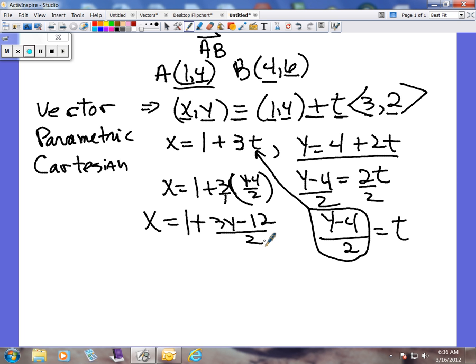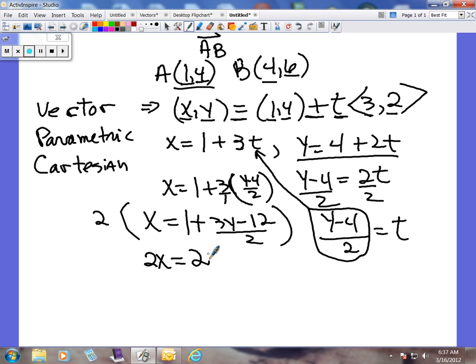Now, I always tell my students, if you want to get rid of fractions, multiply by the denominator, or at least the common denominator. Here we only have 2. Makes it simple. So next thing I would do, so we can get it in standard form, is multiply everything by 2. So 2 times x is 2x. 2 times 1 is 2.